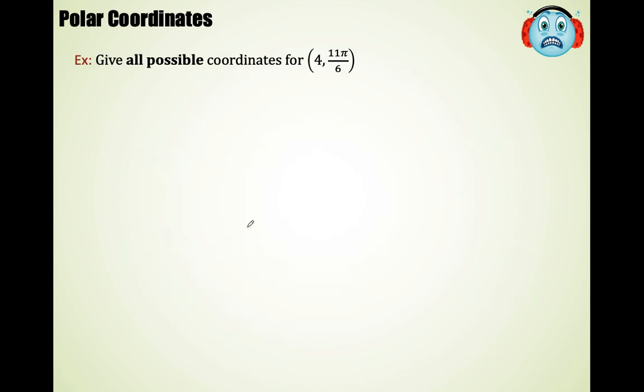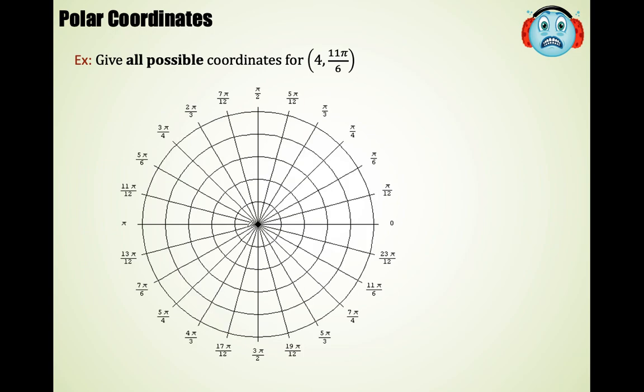Plotting points. So look at these directions. Give all possible coordinates for this point. And this is r comma theta. So the first thing I want you to do is to draw that point. With a radius of 4, you're going to go out positive 4, so that's to the right.